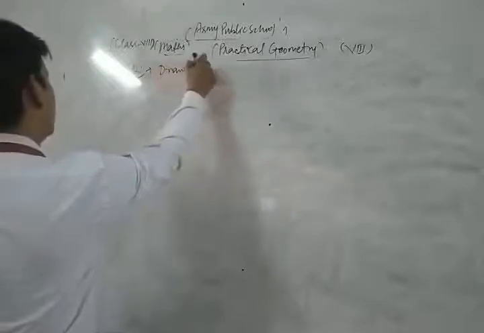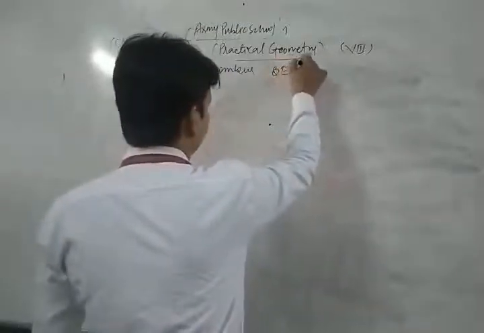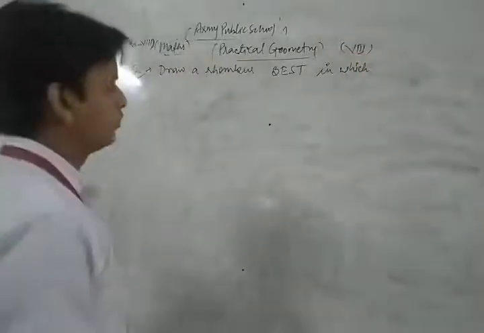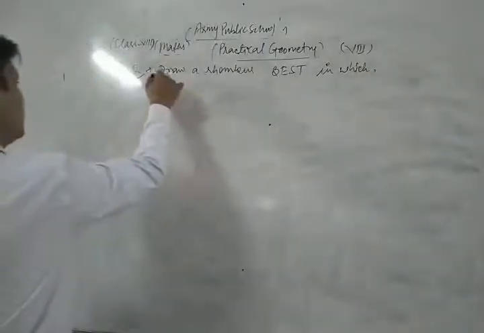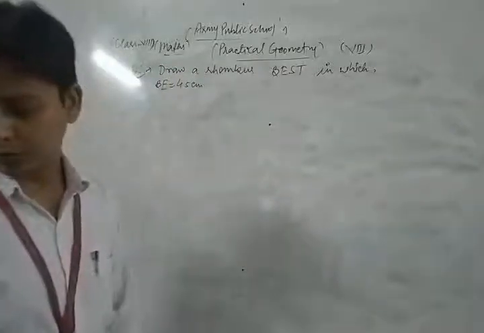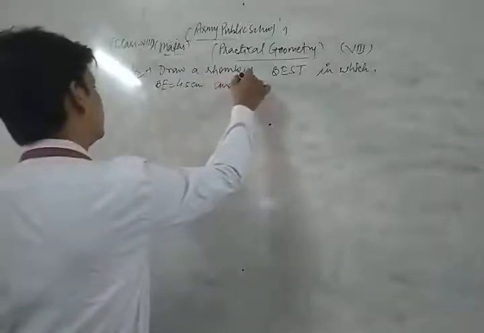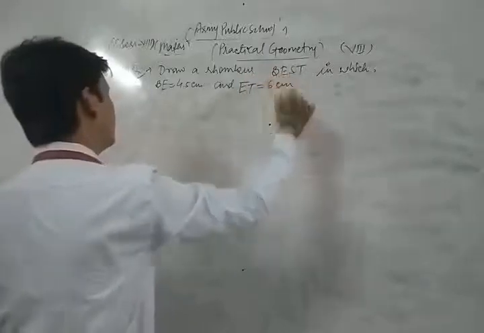Draw a rhombus BEST in which BE is equal to 4.5 centimeter and ET is equal to 6 centimeter.